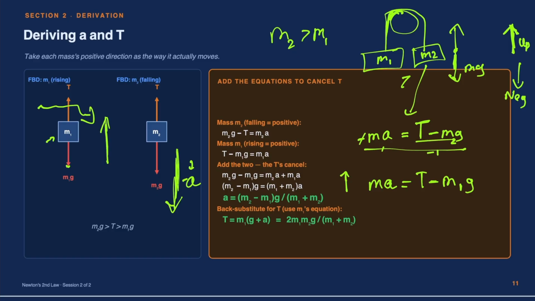And this equation will be revamped to the tension turns negative and m2g turns positive. Okay? So that makes sense, right? And over here, I'm going to put m2a. Over here, I'm going to put m1a. So since it's falling, right, it's going to have a negative acceleration, which makes sense.